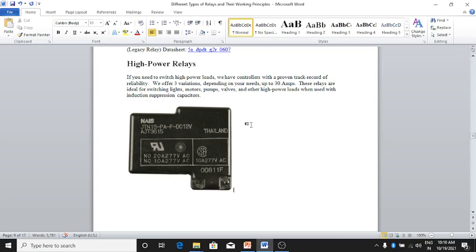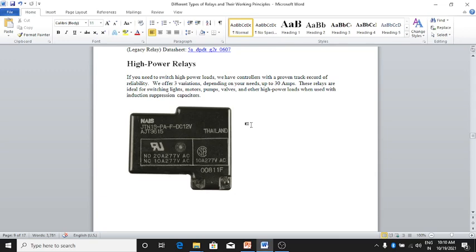Clear, high power relays, the ampere range is up to 30 ampere. This much power is used in switching lights, motors, pumps, valves, and other high power loads when used with induction suppression capacitors.